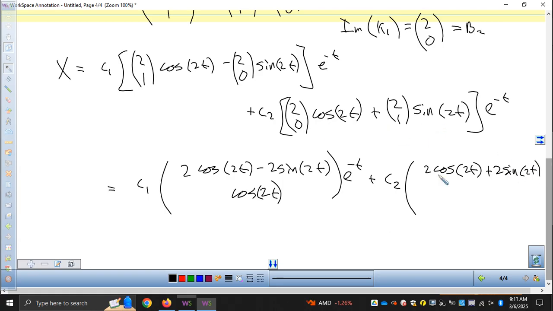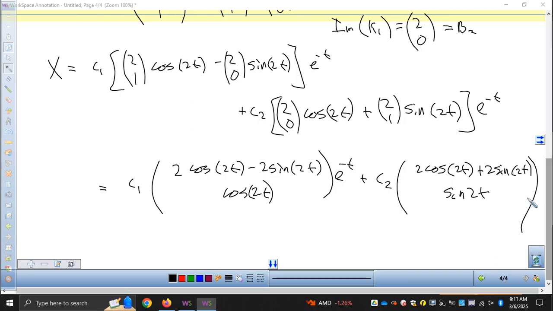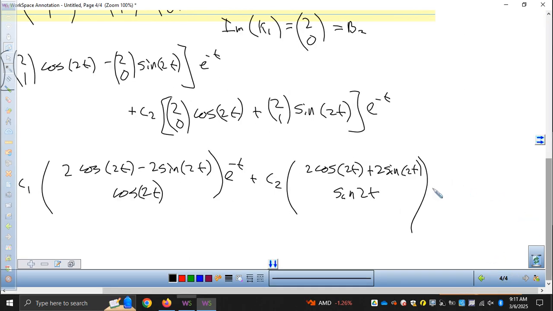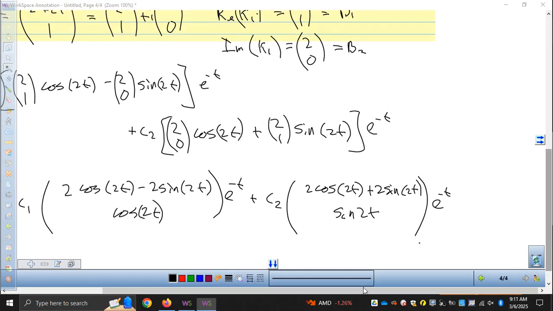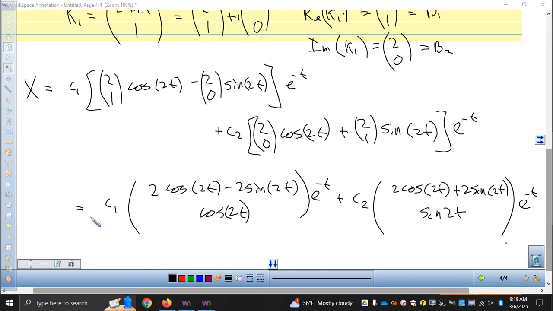My bottom row is sine 2t, times e to the minus t. And there's our solution.